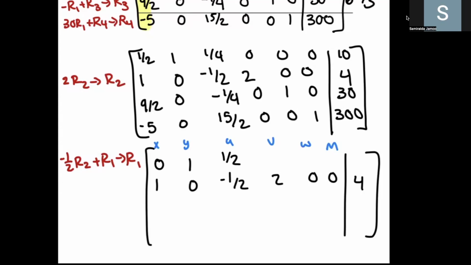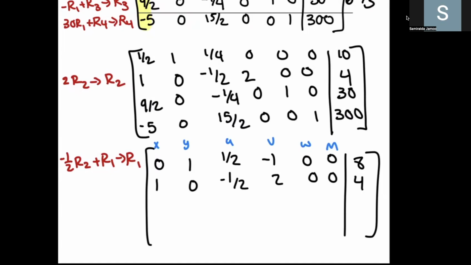Then we have negative 1 plus 0 is negative 1. 0 plus 0, 0 plus 0. And then we have negative 2 plus 10, positive 8.